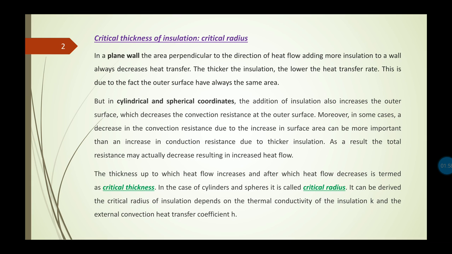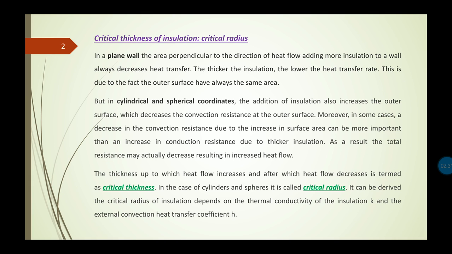In that case, the addition of insulation also increases the outer surface, but it decreases the convection resistance at the outer surface. In some cases, a decrease in the convection resistance due to the increase in surface area is more important than an increase in conduction resistance due to the thicker insulation. As a result of this, the total resistance may actually decrease, resulting in increased heat flow.